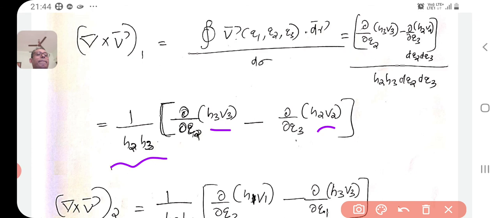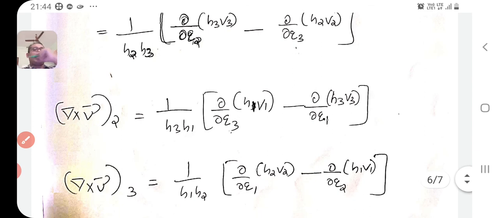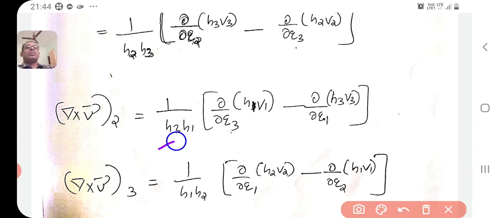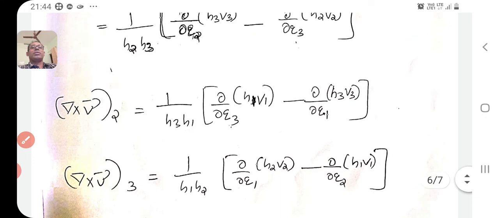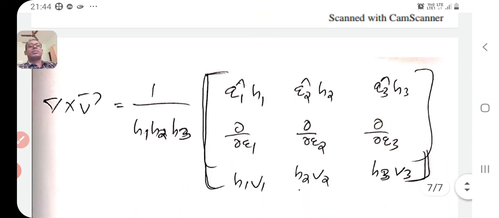This is the first component, and the same way we find the second component: 1/(h3 h1) [∂/∂Q3 of (h1 V1) minus ∂/∂Q1 of (h3 V3)]. The third component is 1/(h1 h2) [∂/∂Q1 of (h2 V2) minus ∂/∂Q2 of (h1 V1)]. So these are the three components.